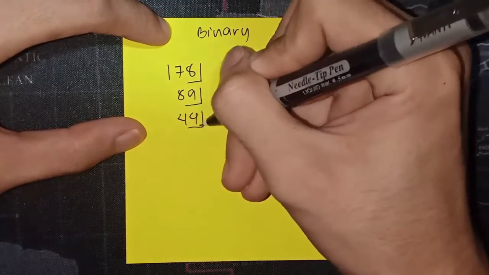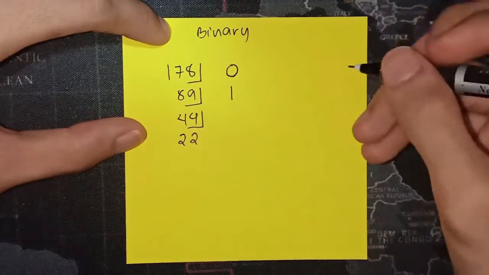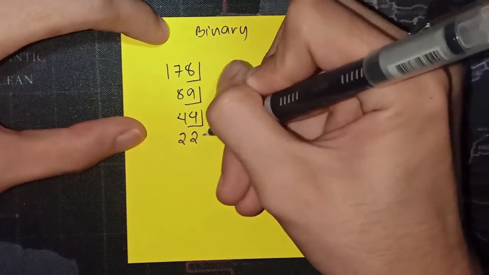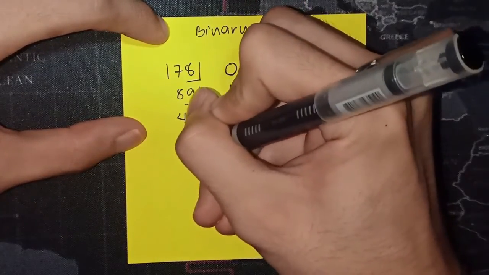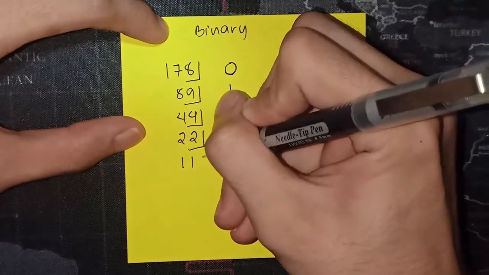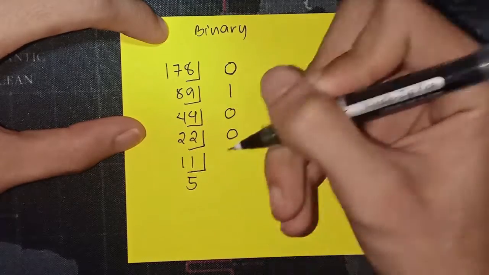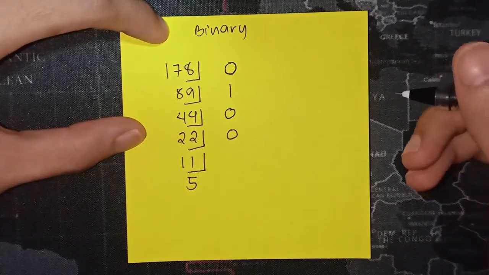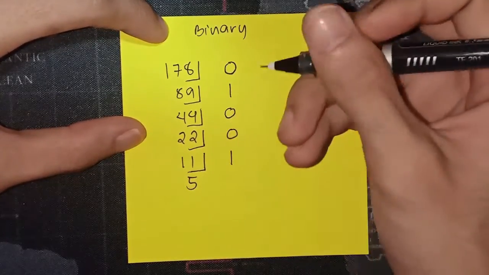Then again, it's equal to 22. Has no remainder, 0. Again, 11 has no remainder, 0. Again, 5, it has a remainder, so we write 1.